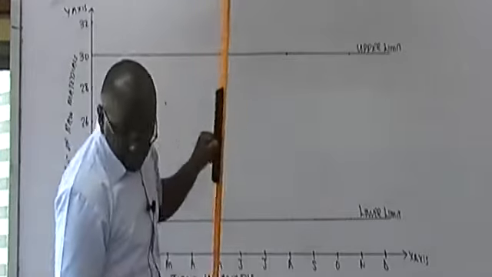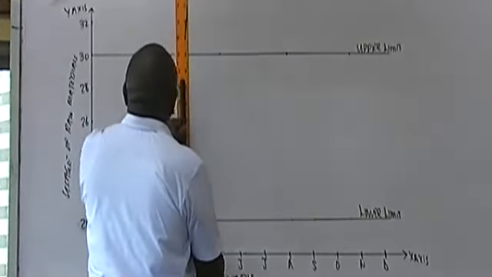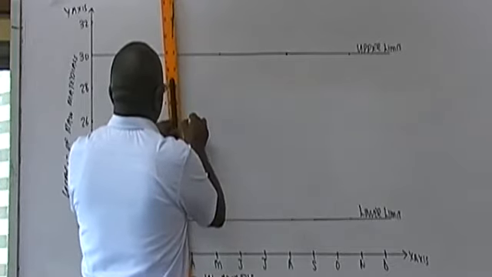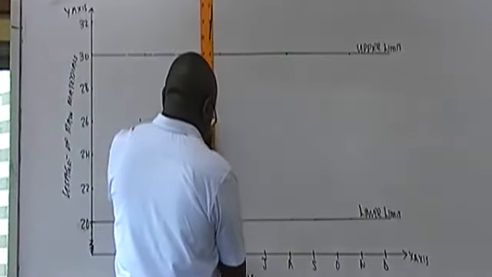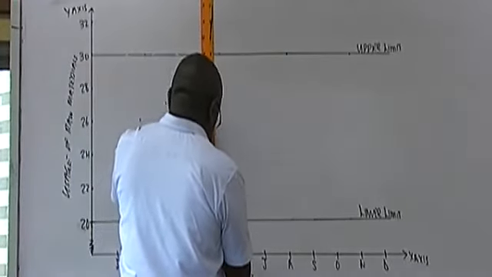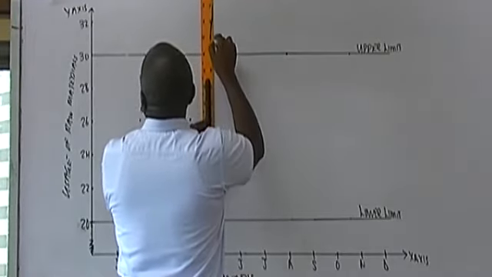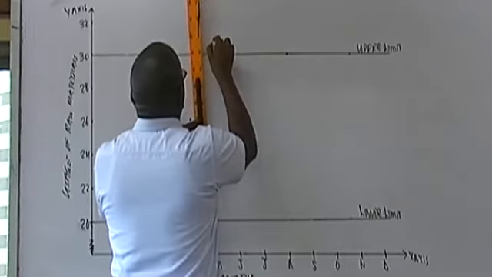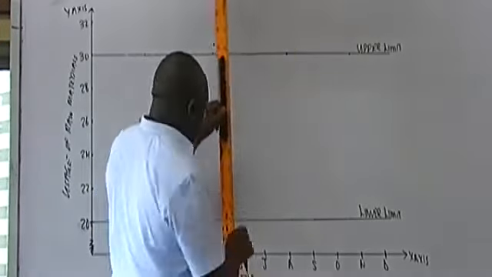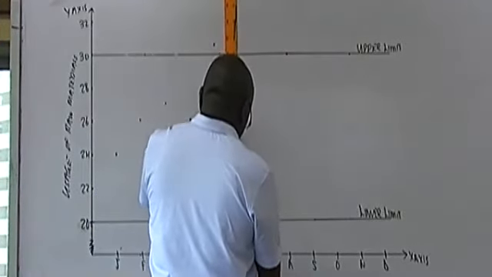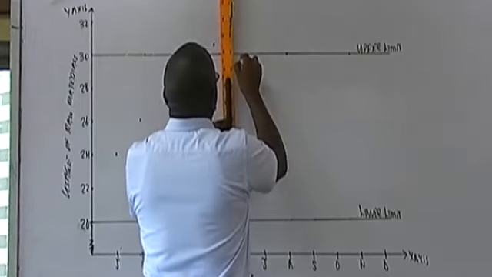Then we have 26. Then we have 23,500. So 23,500 is somewhere here. Then we have 29,500, somewhere here.